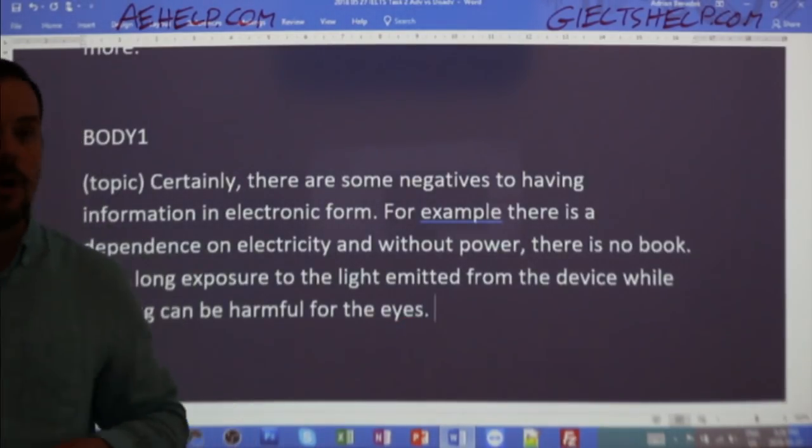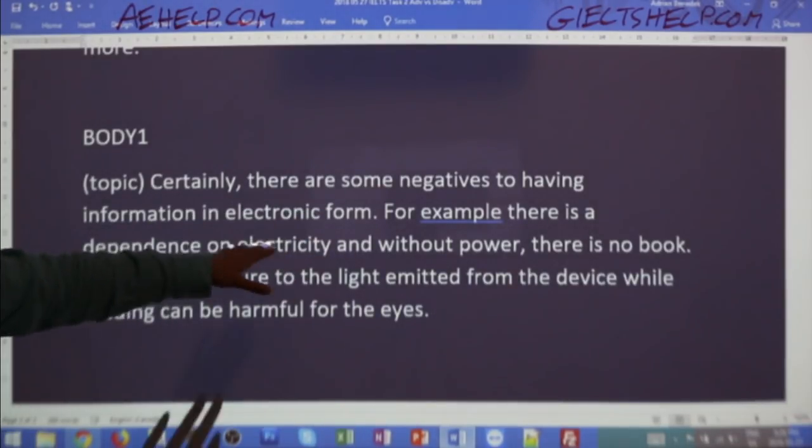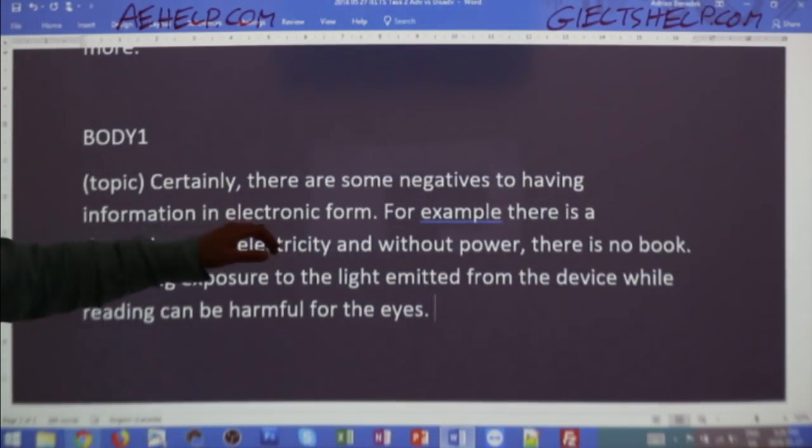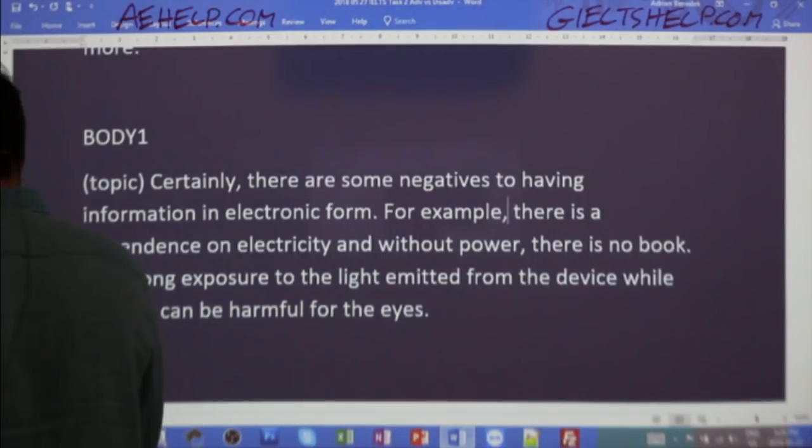All right, so here, body 1. Certainly, there are some negatives to having information in electronic form. For example, and when that starts the sentence, definitely include a comma after. That's why the grammar check is telling me that. There is a dependence on electricity, and without power, there is no book. Also, long exposure to light emitted from the device while reading can be harmful to the eyes.